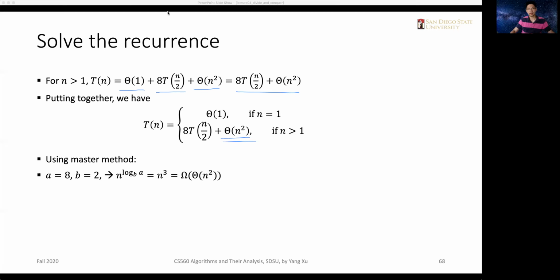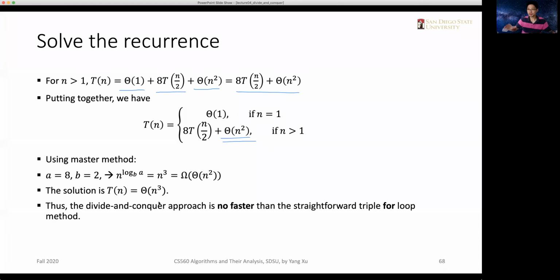Okay, so that means the solution is big theta of n cubed. Okay, which is disappointing because we have spent so much time splitting the matrices and doing the combination, and it turns out that it is no better than the straightforward triple for loops method.